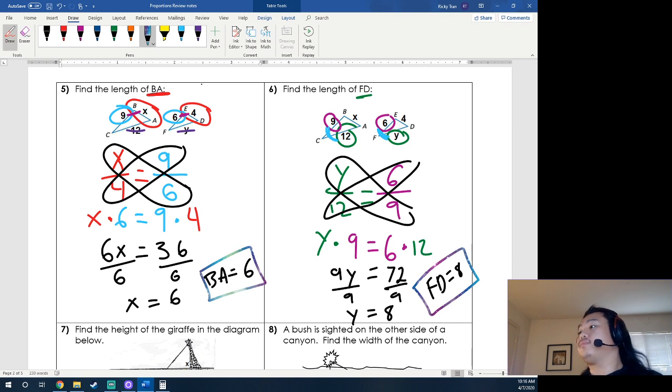Nice and easy. Making sure you understand how to set up and then solving afterwards. Remember, whenever you set up, you always have to make sure your relationships are correct. There always has to be a vertical relationship, horizontal relationship. If there is none of that, your number is going to come out wrong. So please double check to make sure.